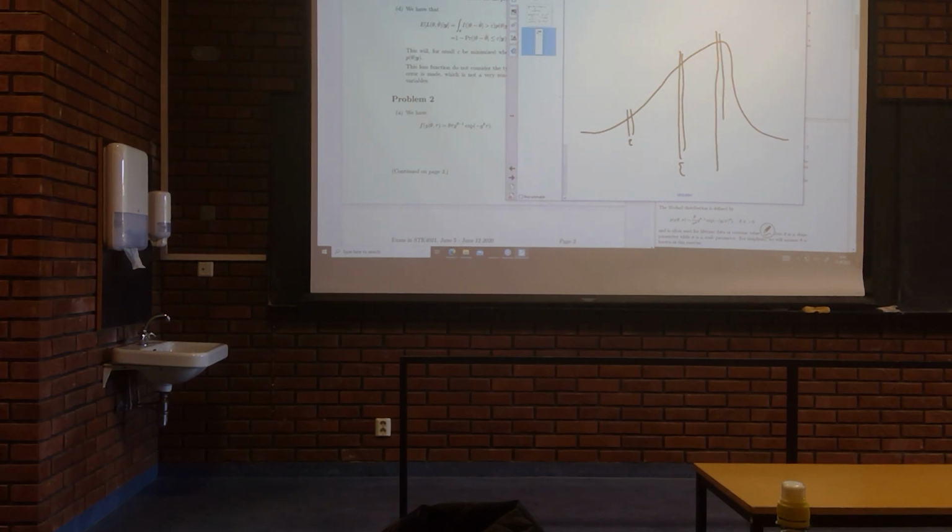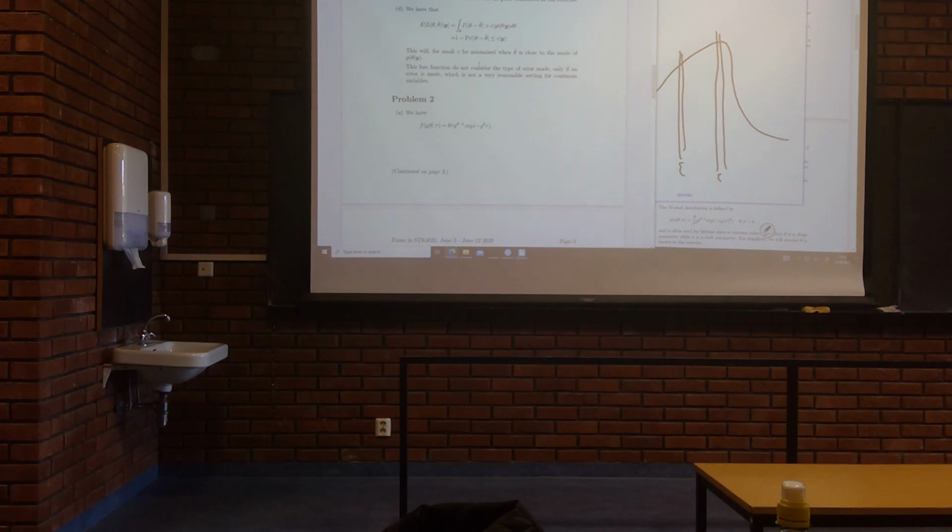But then the probability will be an integral over these small intervals. Of course, the integral over these small intervals will be highest if we pick the highest points in the distribution. That means that we should choose theta hat at or close to the mode of this posterior.